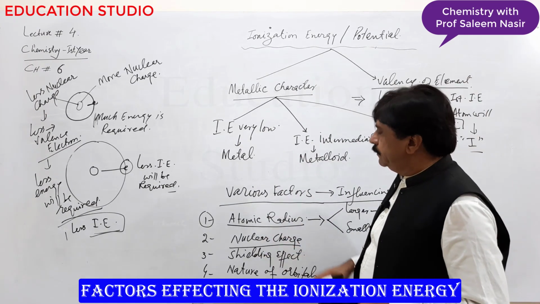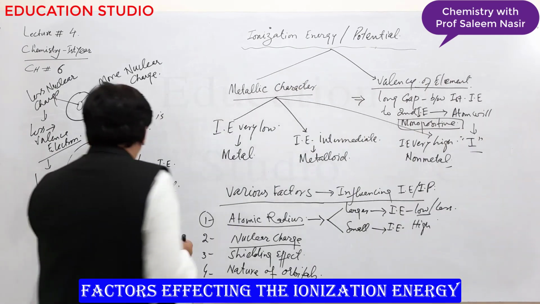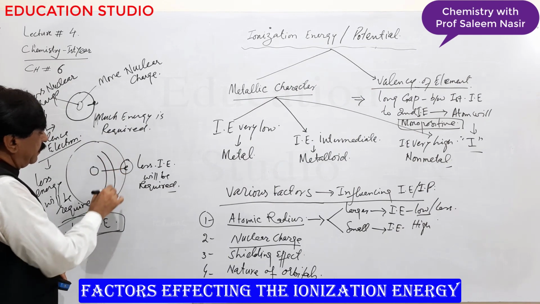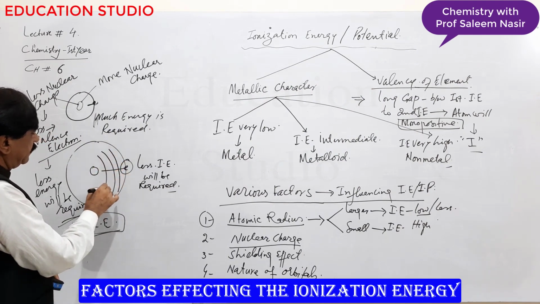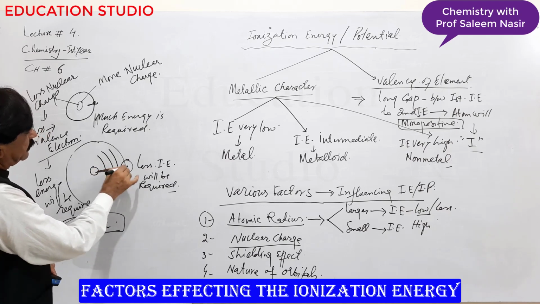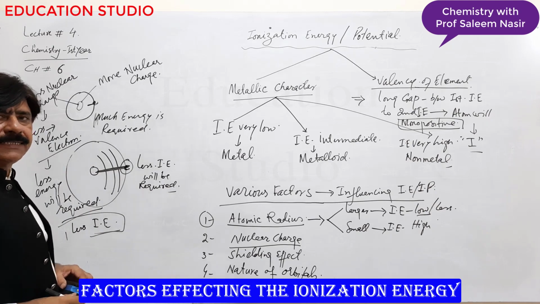Second is the shielding effect. You know that the successive shields of orbitals screen the influence of the nuclear charge on the last shell, the valence shell.